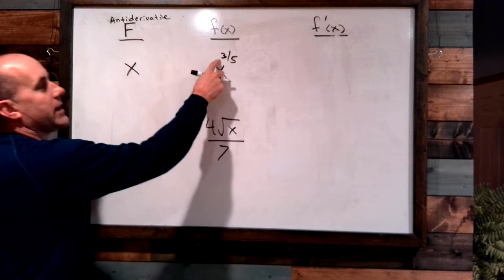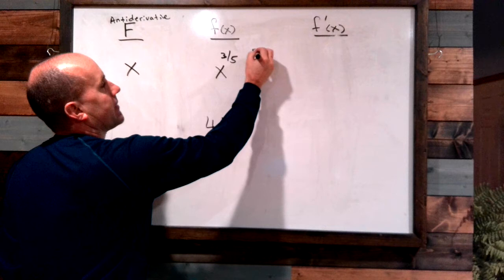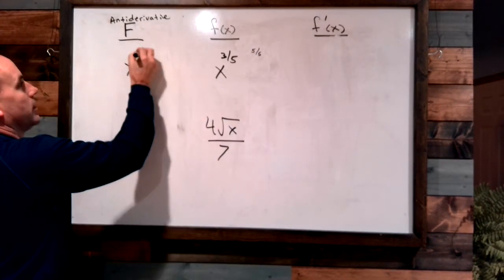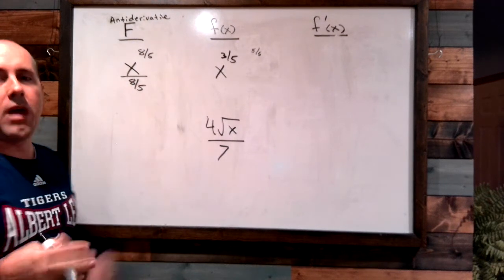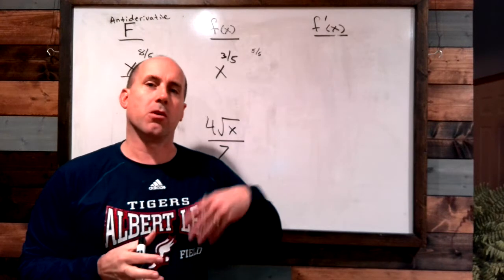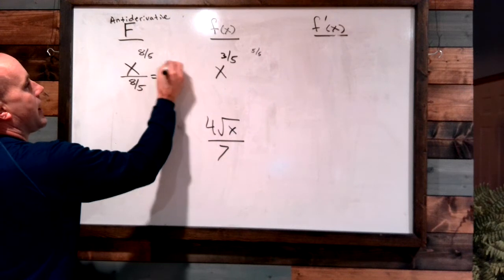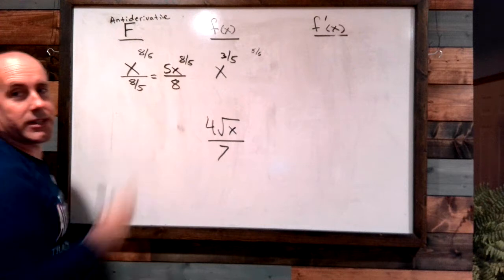So x to the, if we add 1 to 3/5, or add 5/5 to 3/5, we get 8/5. And we have to divide by 8/5. Well, now you've got a complex fraction. So we don't want to divide by 8/5, we want to multiply by 5/8. So this becomes 5x to the 8/5 over 8. And that's the antiderivative.